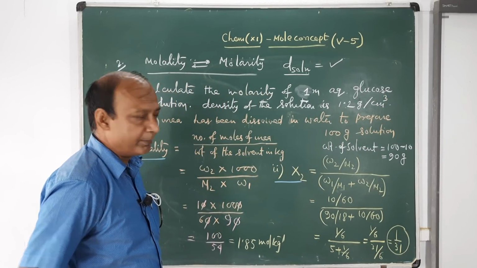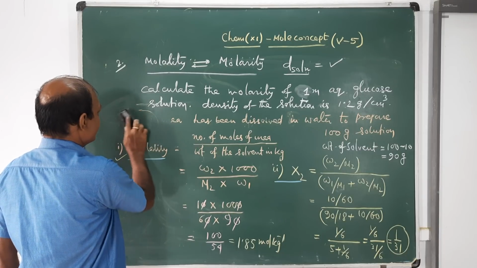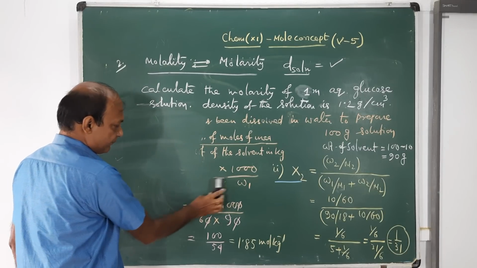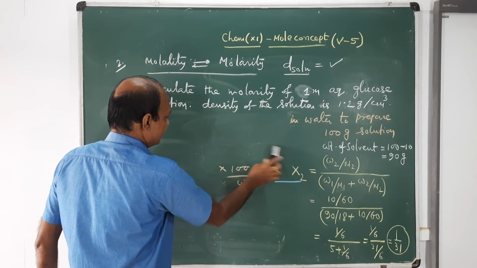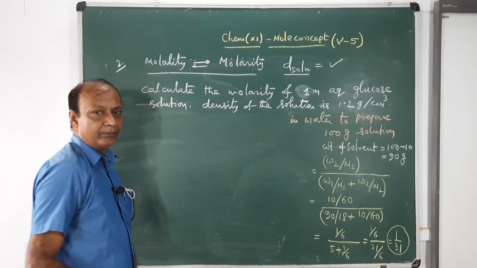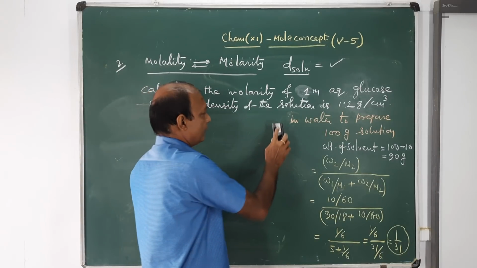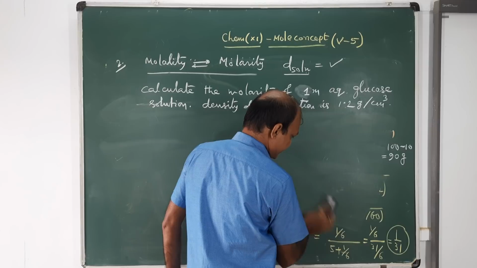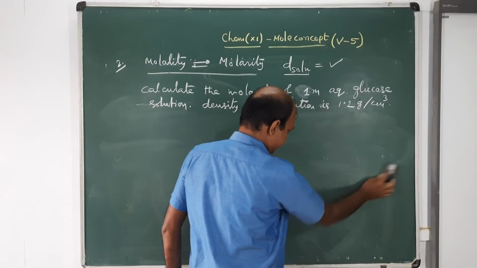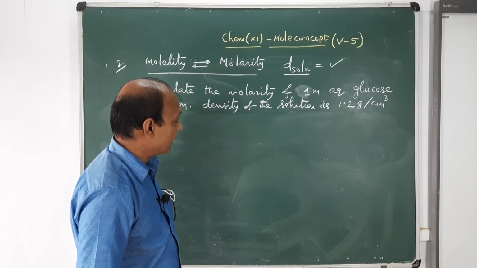Now look at this question. It is given that you have to write the concentration in the unit of molarity, whose molality is given, and the density of the solution is also given. Now see how to write it.